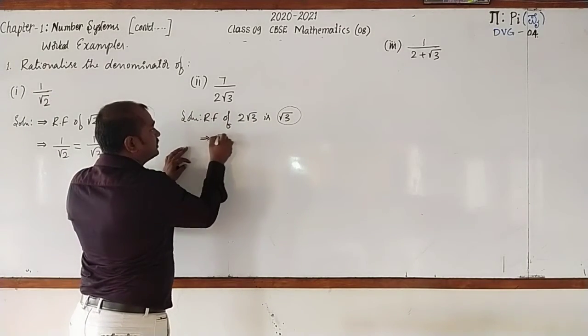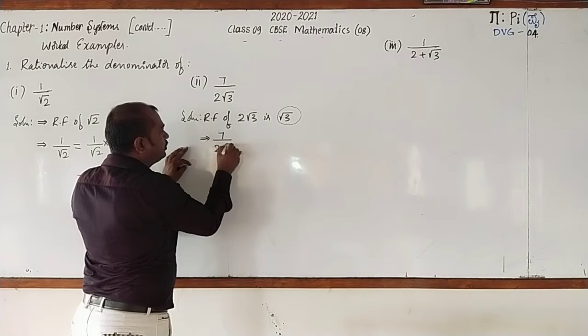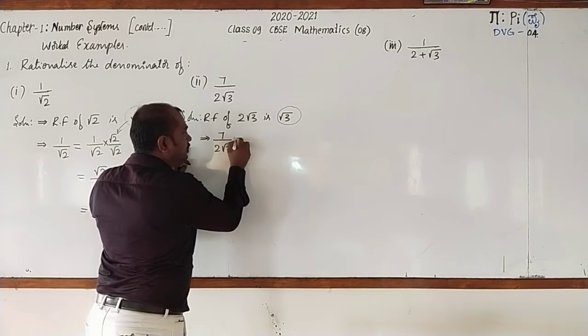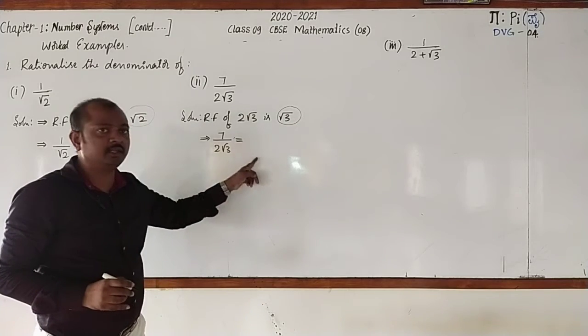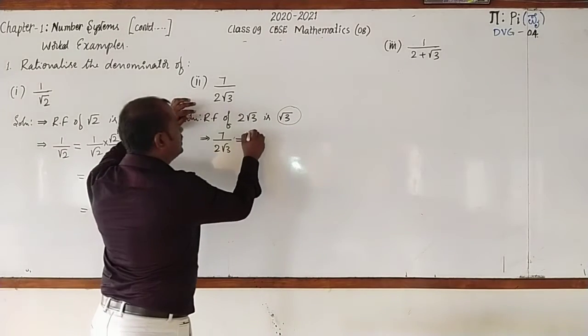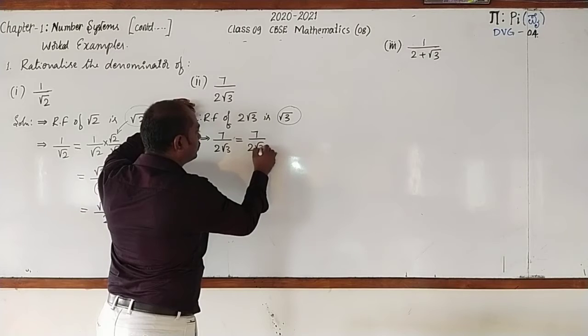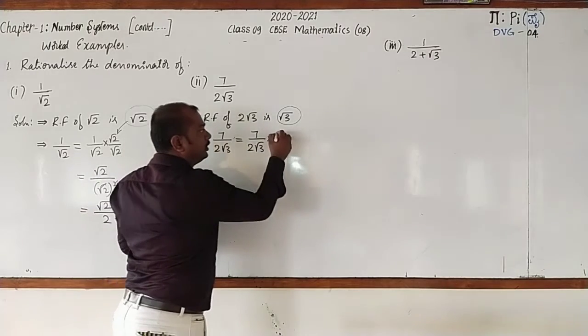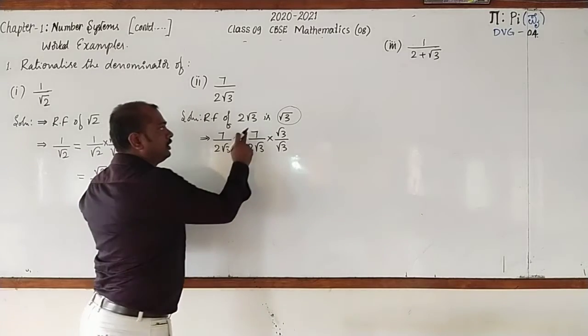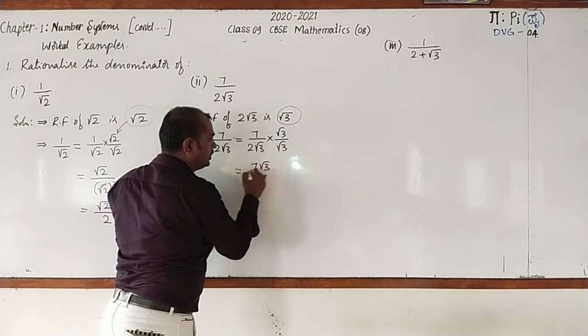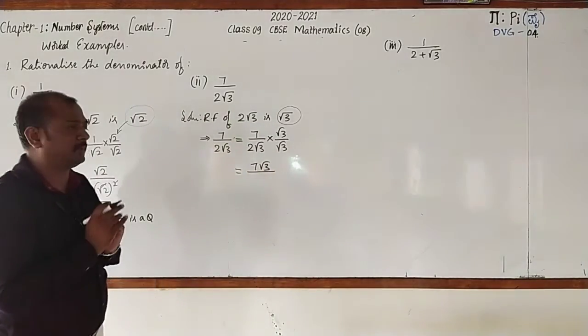Now, next one. 7 by 2 into root 3. What is the next step? You are going to multiply the rationalizing factor to the numerator and denominator of the given number. 7 by 2 into root 3, into root 3 by root 3. It is equal to 7 into root 3 in the numerator, which I have kept as it is.